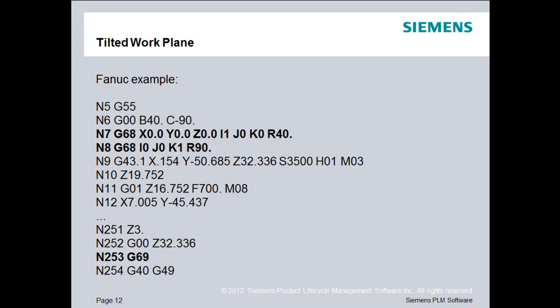So you can Google FANUC tilted work plane manual, and you can find the manual. You can do the same thing for Heidenhain and Siemens controls if you really need to see the down and dirty details for each type of control.